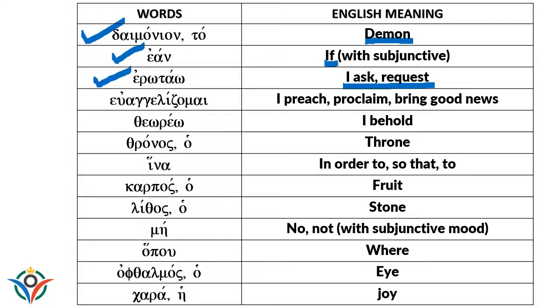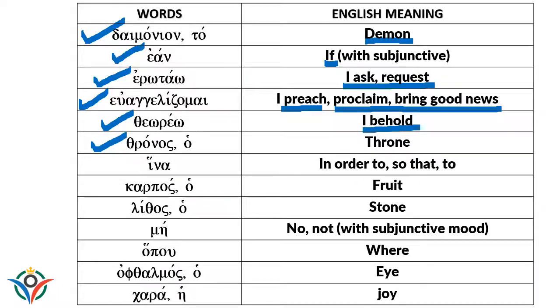So you've already learnt a word aiteo, which also means I ask. So this is more of a polite way of saying, can I have something? So it's a request. Then we have euangelizomai, which can be translated loosely as I preach, proclaim, or I bring good news.